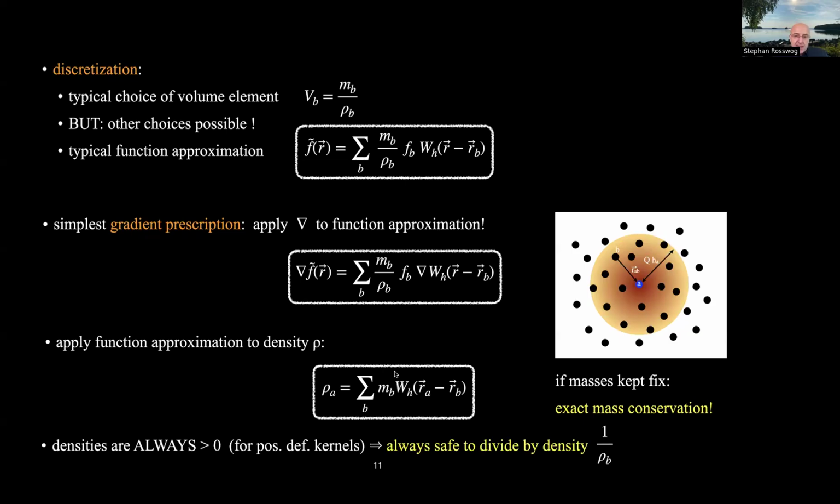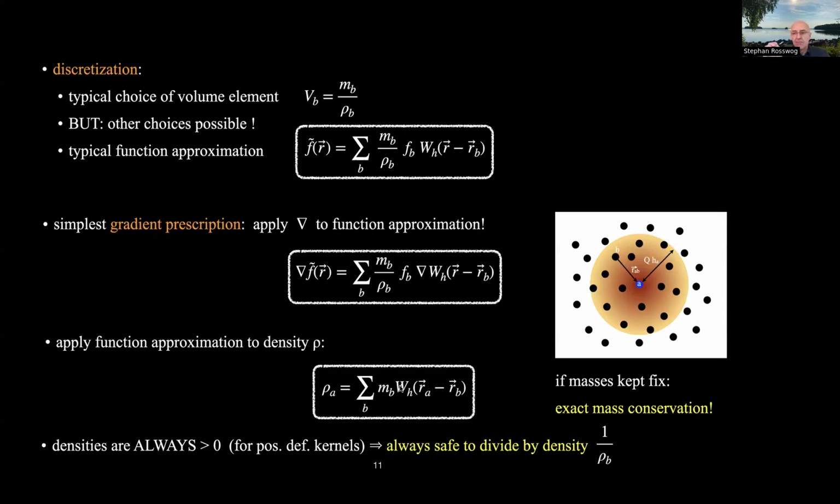Another thing worth stressing is that you usually use positive definite kernels here. That means this sum always gives you a non-zero positive value. So it's always safe to divide by the density at the particle position, because the particle itself contributes to this sum.